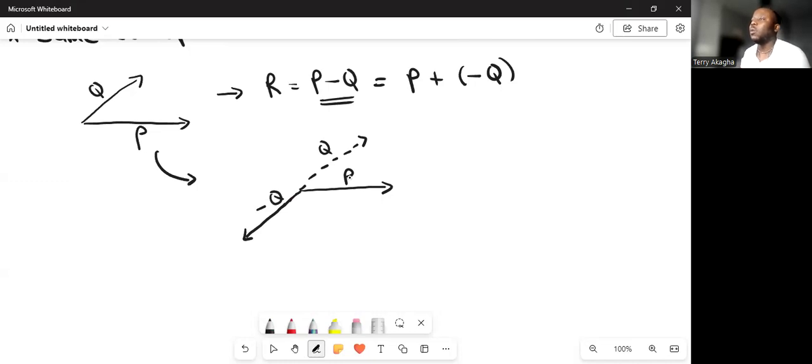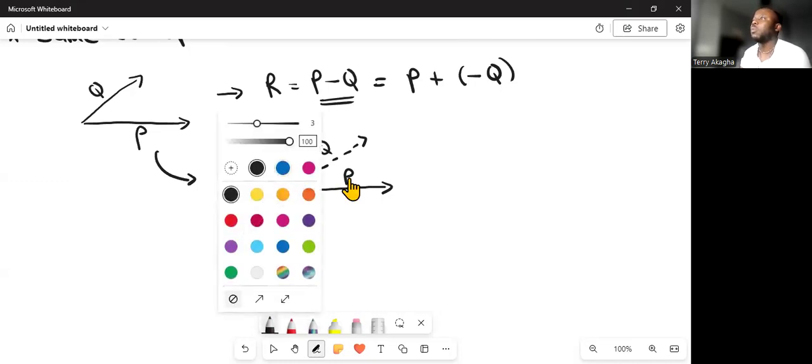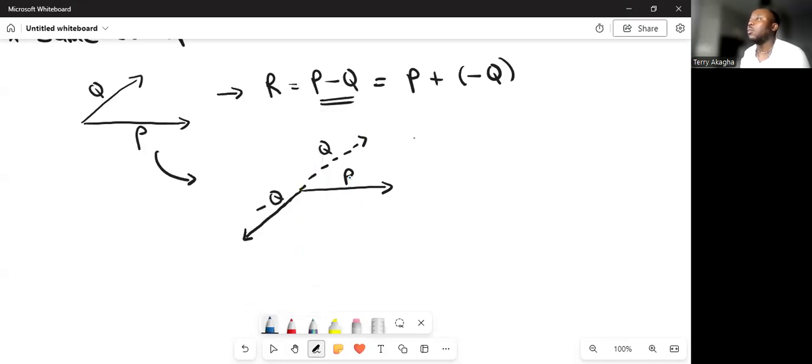Then when we're done, we have to complete this to be a parallelogram. So let's complete that now. We draw this one like this to be a parallelogram, and we'll draw this one somewhere here. So now the resultant is going to be from this point here to this point here.